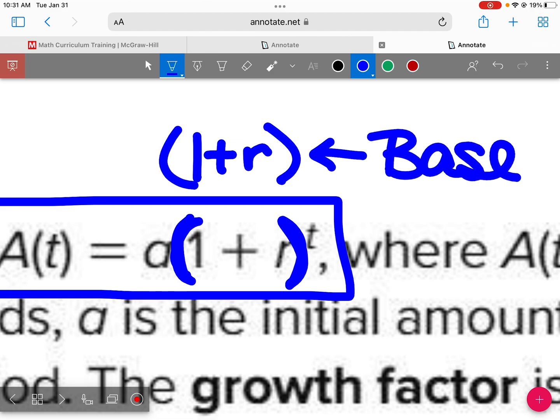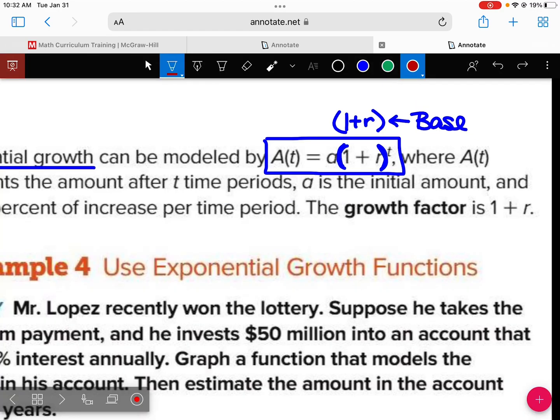How do I know that that's the base? Has an exponent on it, yes. The base always has an exponent on it. What is our exponent here? t. T represents time.